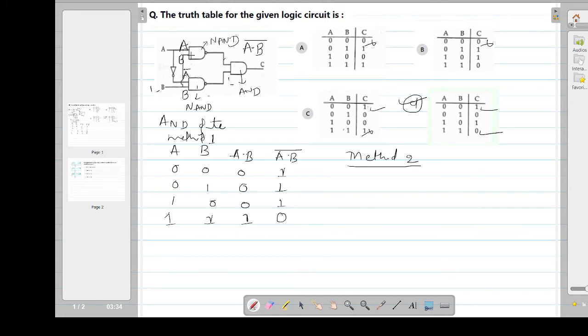A and B represents an AND gate, and the bar represents a NAND gate.